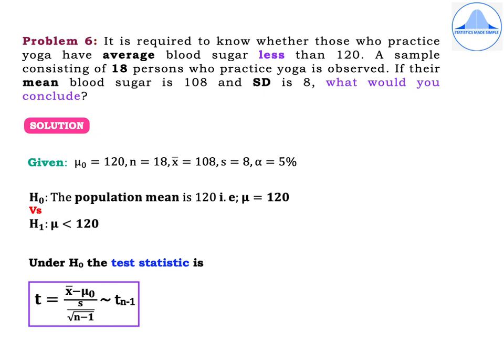Under H naught, the test statistic is T equal to x bar minus mu naught divided by S by root n minus 1, which follows T n minus 1.